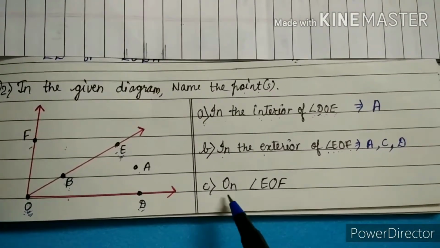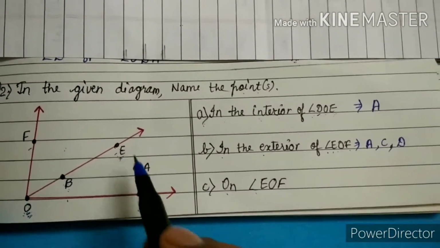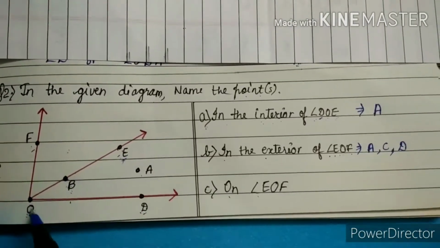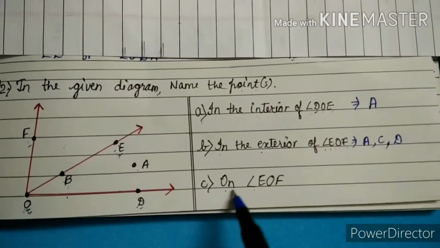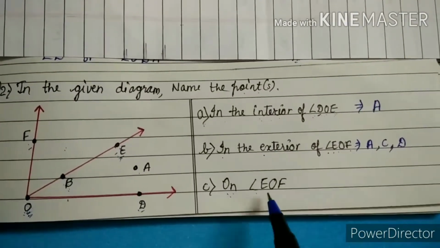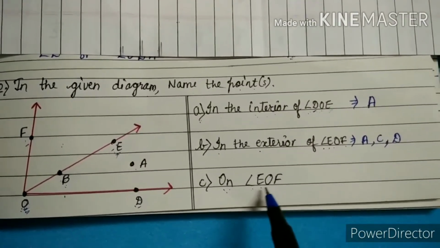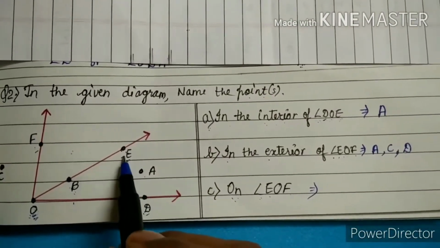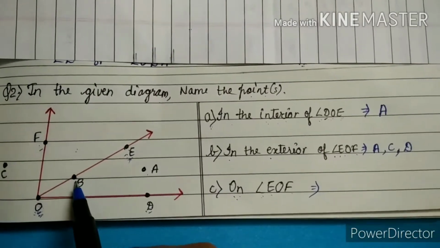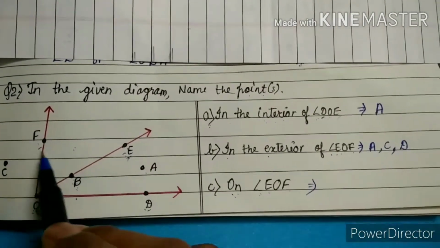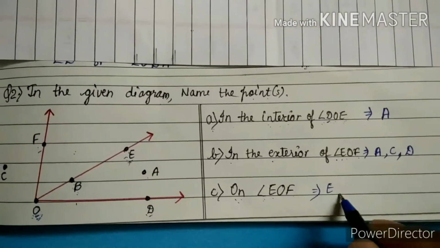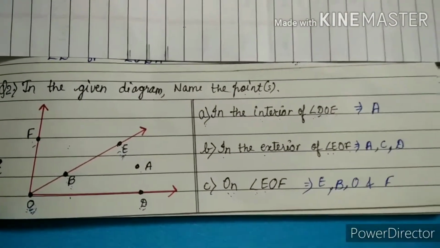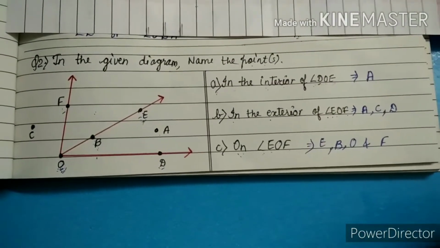Last, on angle EOF, we will see who is present on the angle boundary EOF. As you can see, first point is E, then B, then O, then F. So E, B, O and F. So here we completed our second question.